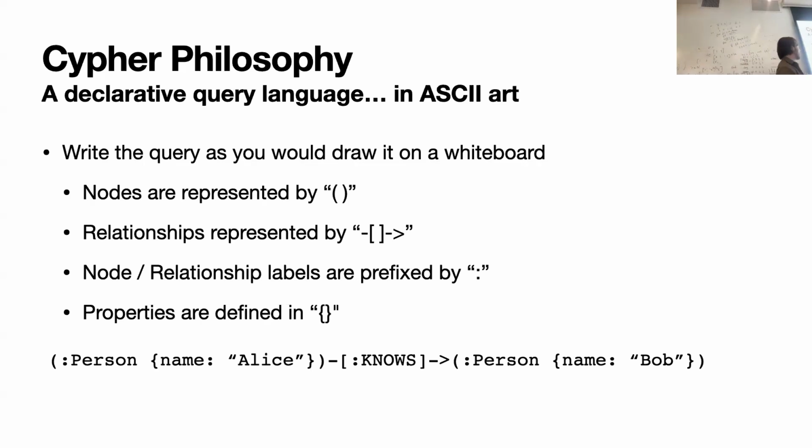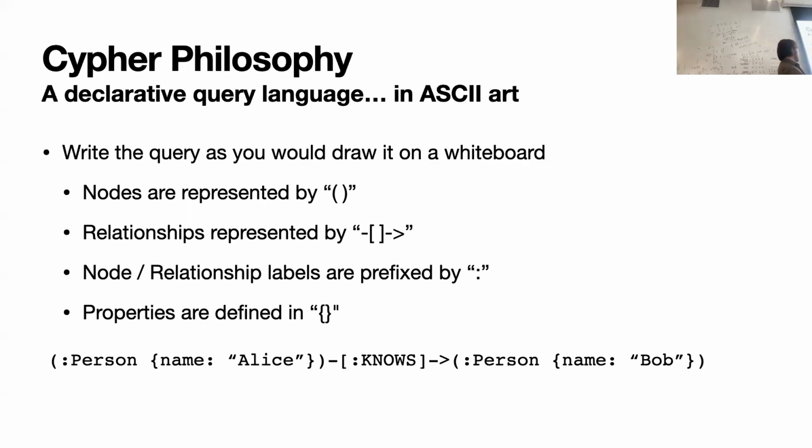So this is an example of a pattern in Cypher. If we first want to start this off with a node, we're going to find all of the node relationship node instances in the database that match this pattern, which is what we're trying to do.